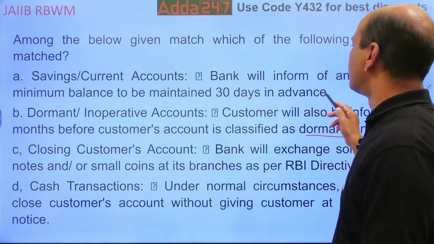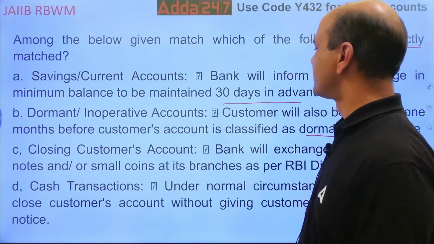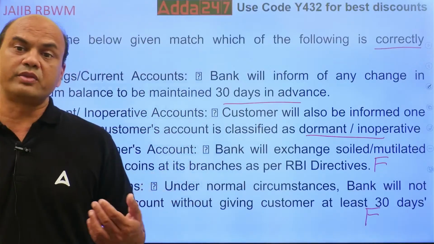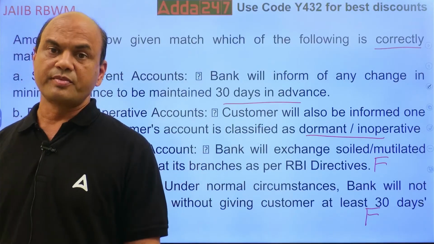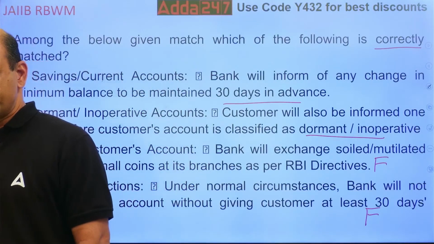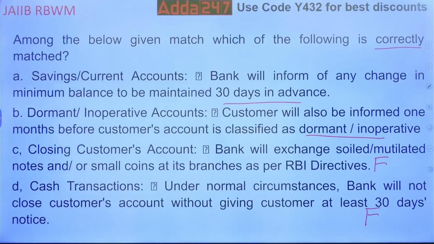And bank will inform any change in the minimum balance 30 days in advance. So again 1 month. So which is true over here? Is the dormant account to be informed 30 days or is it the above one? Think over it, everyone. This is tricky, really tricky.